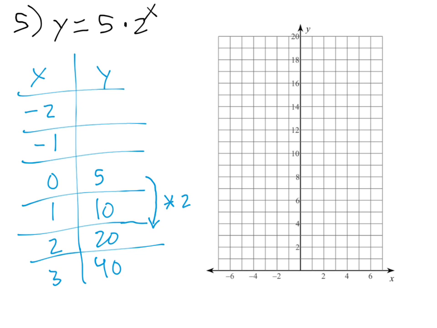Yeah, it's just multiplying by 2 as you go down. Which means if I'm going the other way, I'm actually dividing by 2. Because if going down is multiplying by 2, going up is dividing by 2. This one is going to be 5 halves, or 2.5. And the next one's going to be 5 fourths, which is 1.25.